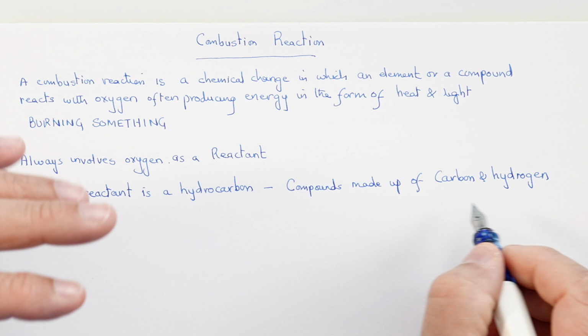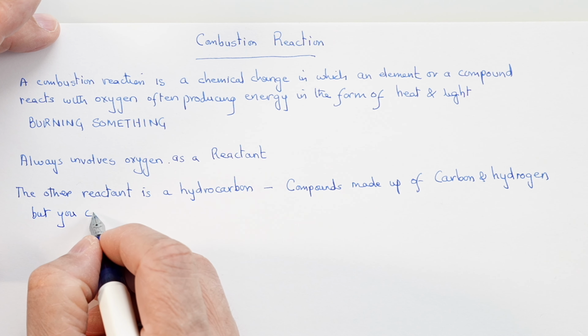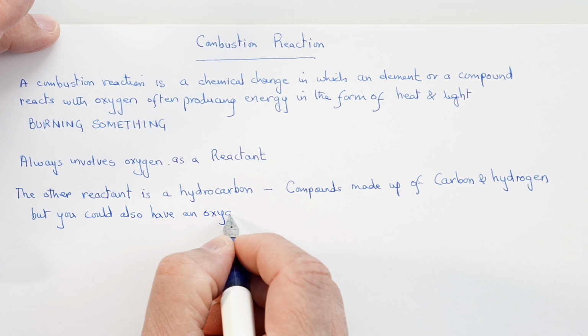You might also get oxygen in things like alcohols. Hydrocarbons are primarily compounds made up of carbon and hydrogen, but you could also have an oxygen in there. Gasoline is a hydrocarbon. Propane is a hydrocarbon, primarily made up of carbon and hydrogens.